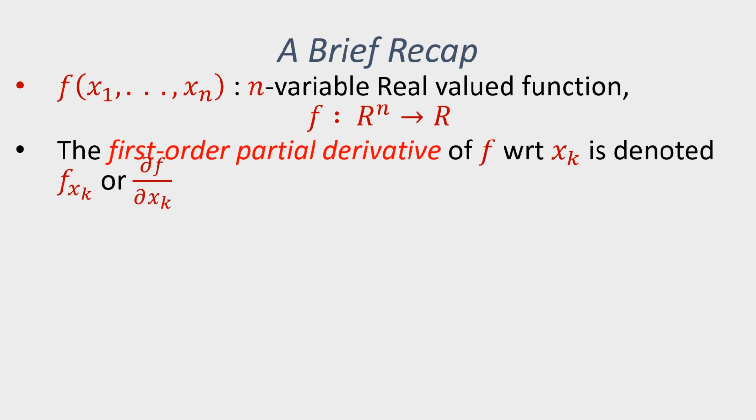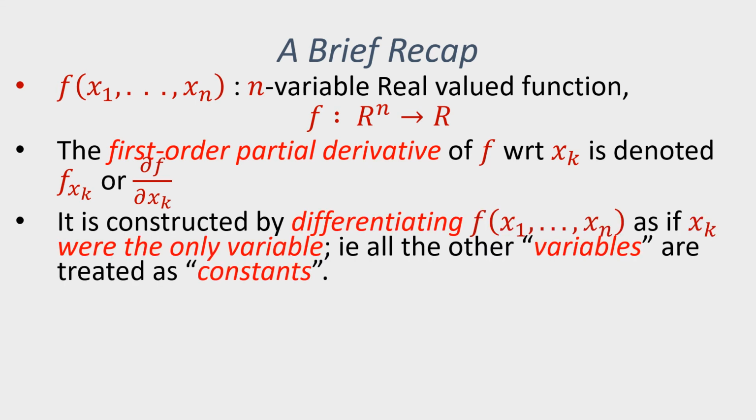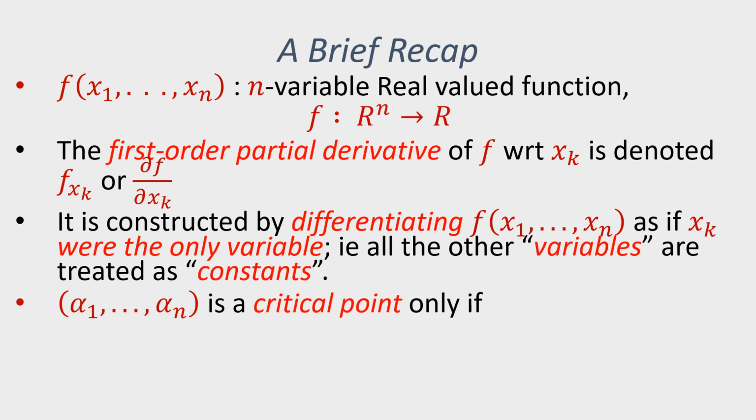The first order partial derivative of that function with respect to one of its variables, we use this notation, and it's constructed by differentiating the function as if the variable of interest were the only variable present. So in other words, we treat all the other so-called variables as if they were constant values.